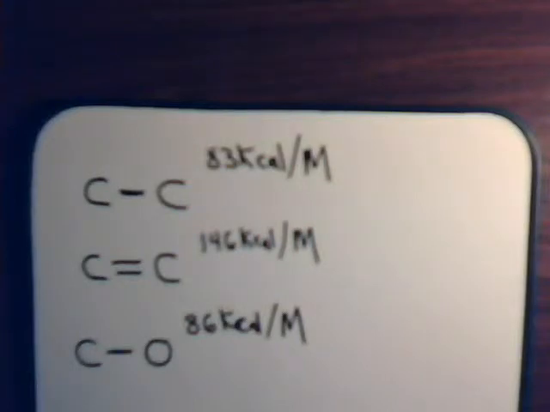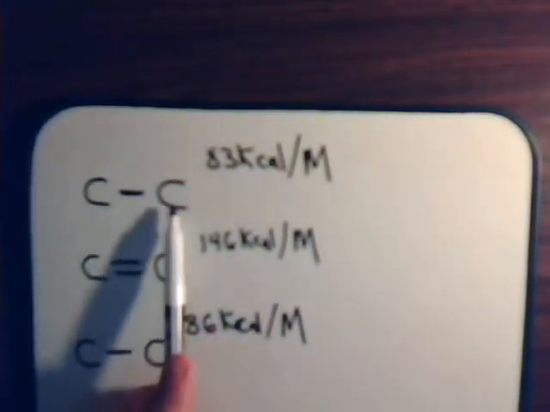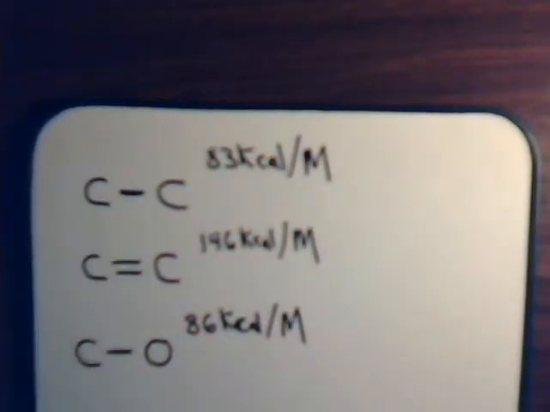But notice that here, this bond is not much stronger than the pure covalent bond, even though this would be much more polarized. And to understand why, we have to consider now the oxygen atom.